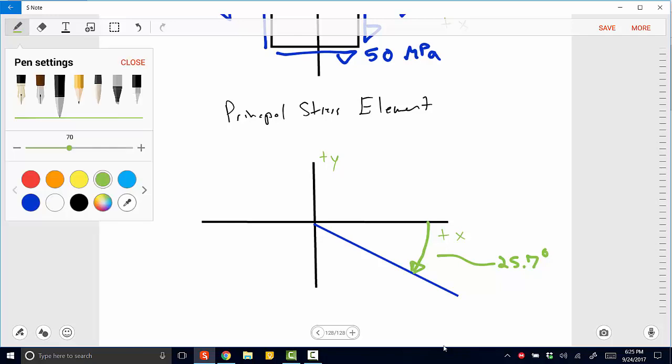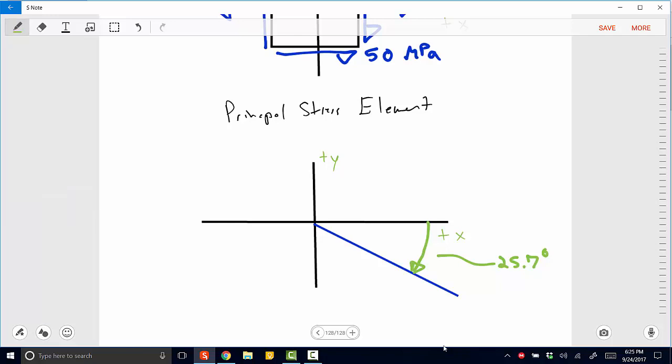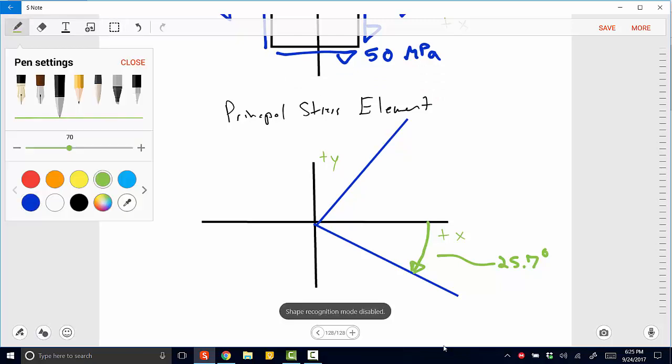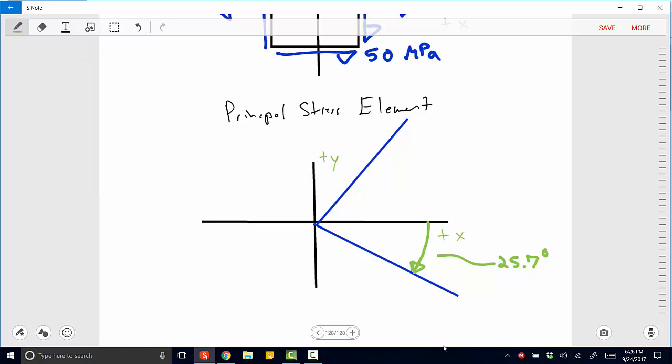And then we can also draw, oh, let's go blue, another line for our other angle, and again starting from the positive x-axis, but this time we're going up, which is a value of 64.3 degrees.